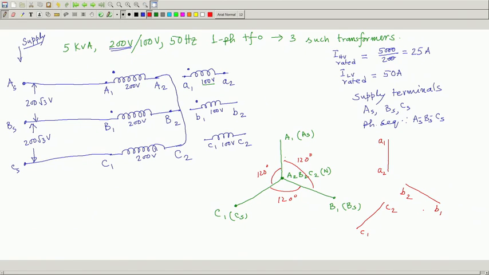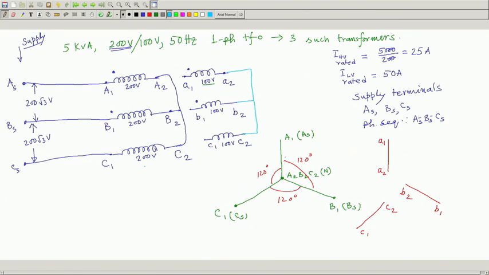Now, what I will be doing is, these 3 terminals I will short. You imagine these 3 are shorted. The moment you short these 3, the secondary also gets connected in star.